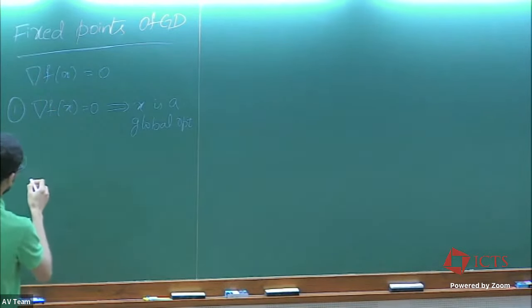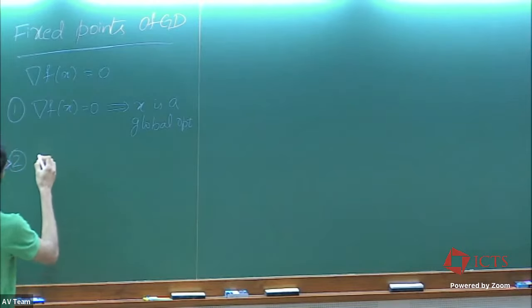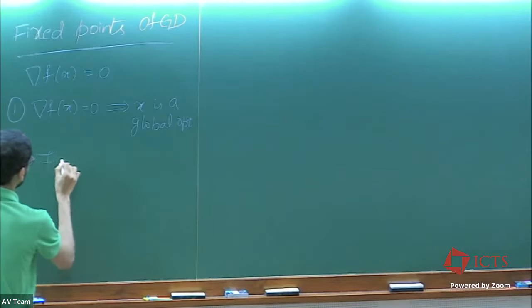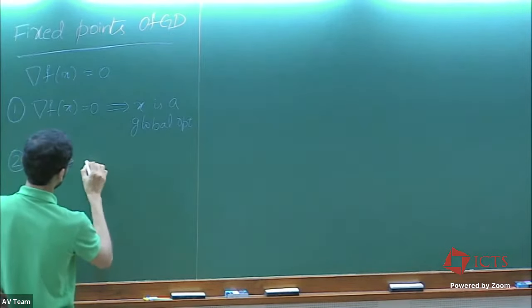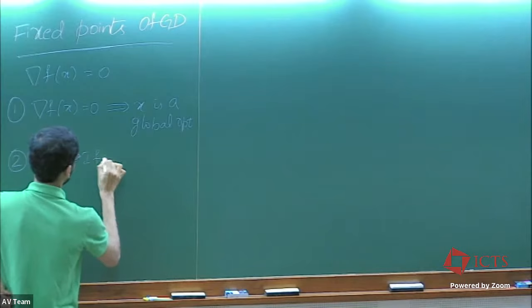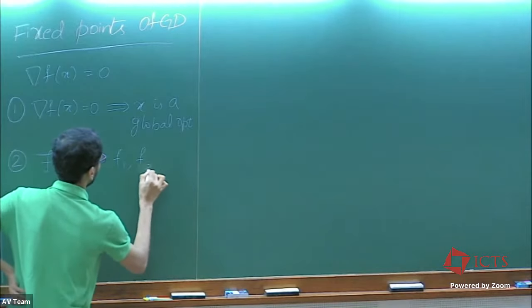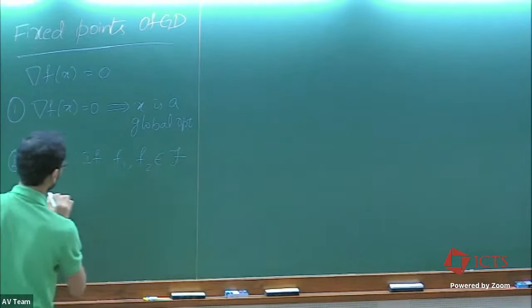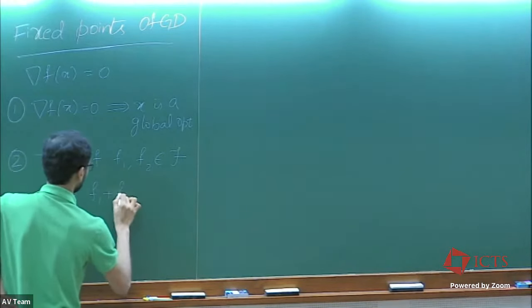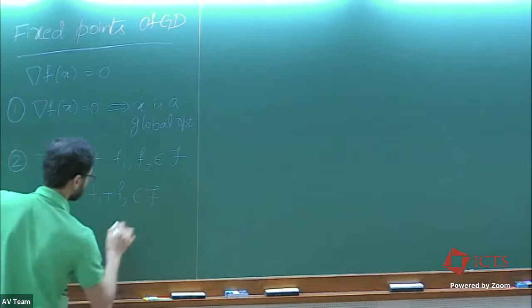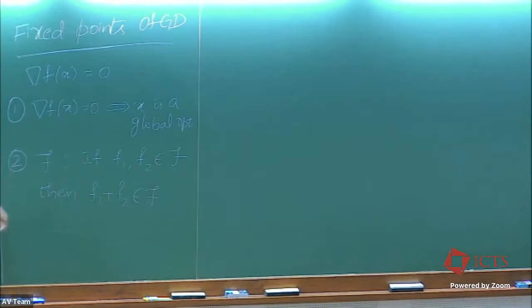And the remaining conditions: if you want to consider a class of functions F such that if f1 and f2 are in F, then f1 plus f2 is also in F. What I want to understand is the broadest class of functions for which I can have a theory of global optimization.